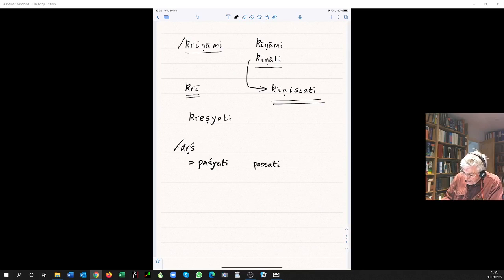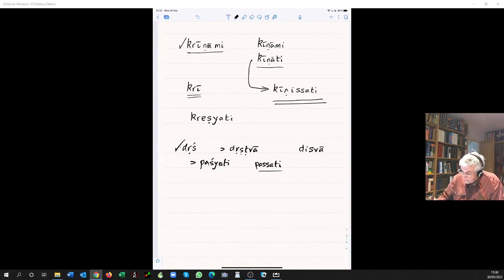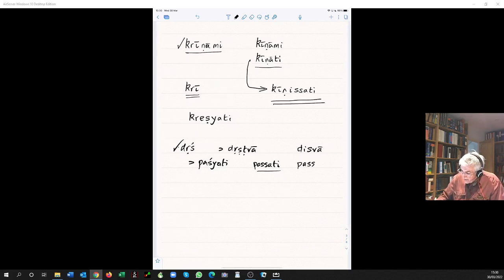In Sanskrit, you make the absolutive in tva, in drishtva, and in Pali it normally becomes disva. But Pali also allows the absolutive from the present stem. So you can have in Pali, having seen, passitva, which is not permitted in Sanskrit.